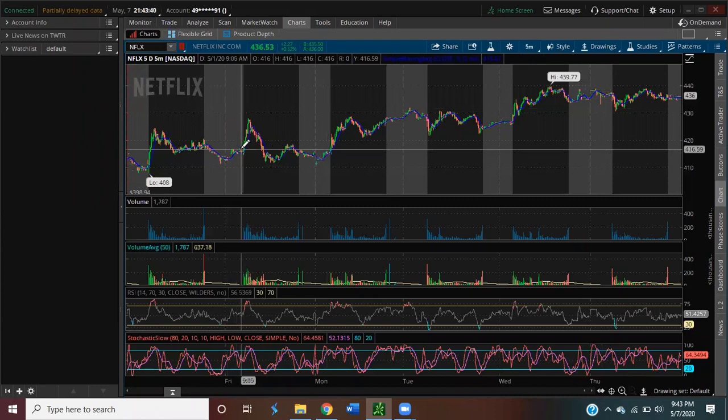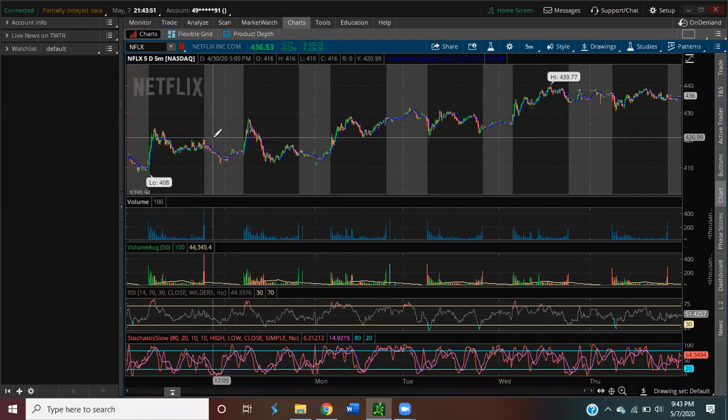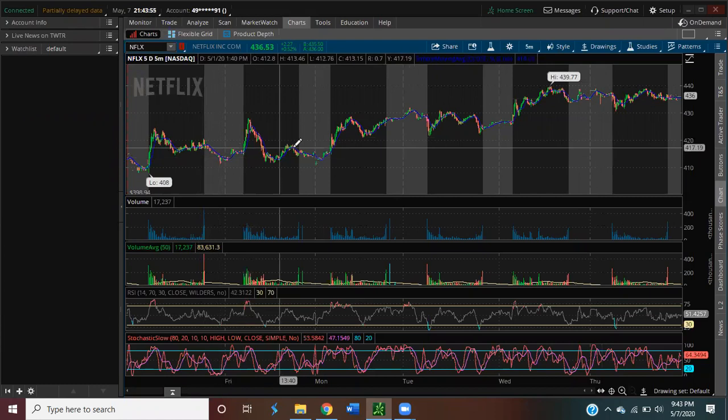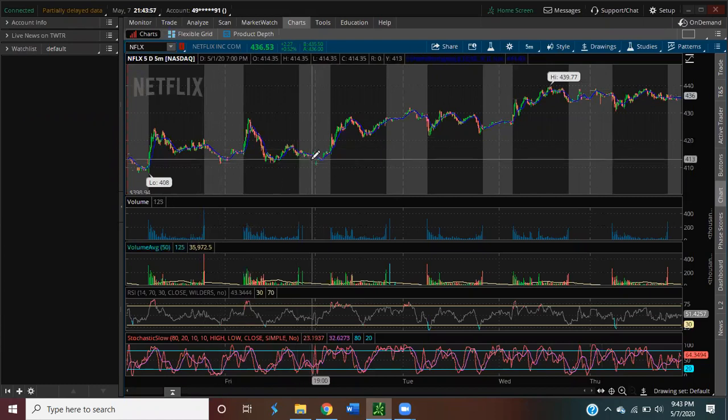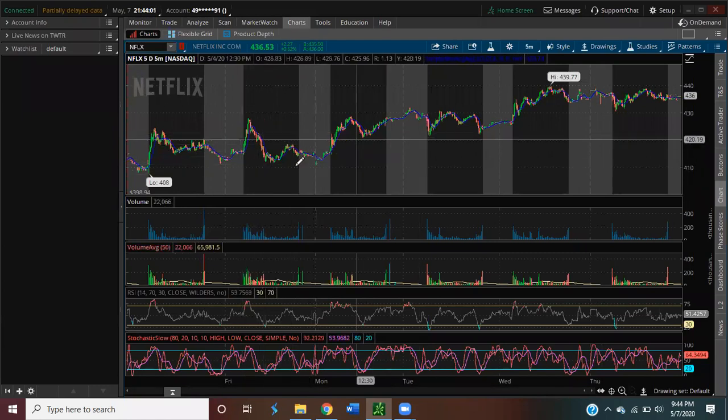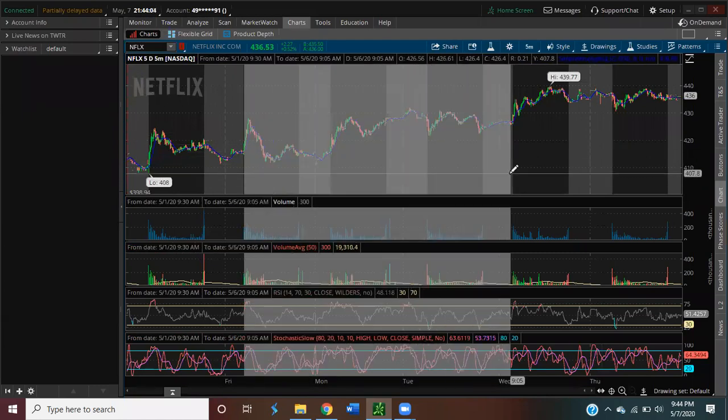So a lot of times if I say get in something above this point, the reason I say that is because it was a previous support or resistance, either in the pre-market or in the previous days when I call out these day trades sometimes. So for instance, on Netflix, on this day here, I'm going to zoom in on Netflix.